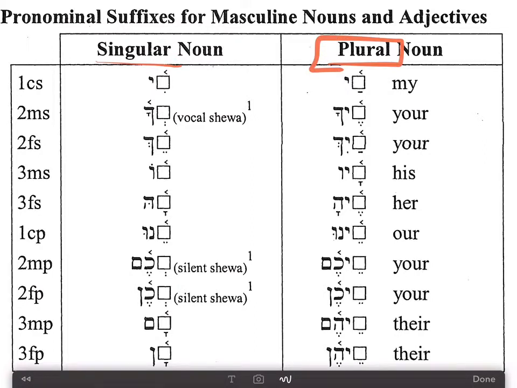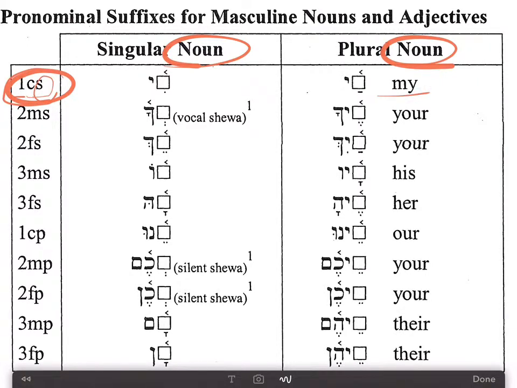What we mean by this is that it's a singular noun or a plural noun, but we can have a first common singular suffix, okay? So what we have to do in this chapter is make the distinction in translation between a singular suffix, first person singular is my, and a singular or plural noun, okay?